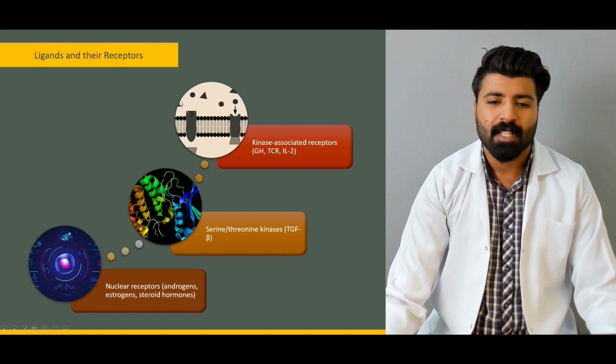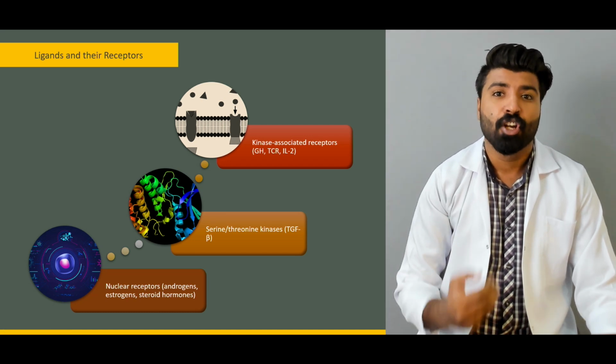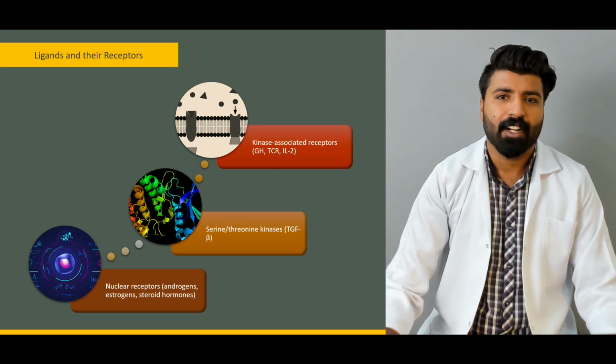So any ligand comes in and binds at this side, and another ligand comes in and binds at this side. These bottom kinases will be phosphorylated. After being phosphorylated, they'll attract each other. They'll come closer, and then the desired effect will be produced by sending an intermediate message to the nucleus.